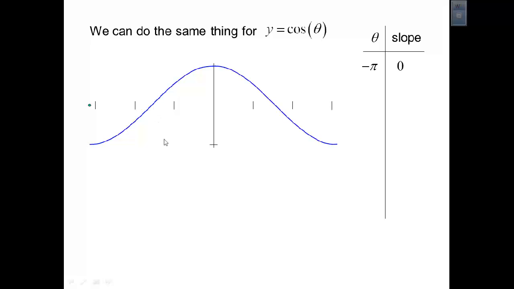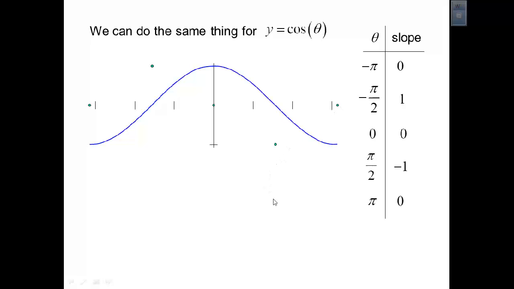And here we've got a slope of 1, so we're going to plot the value 1. And then at 0 we have a slope of 0, so we plot that value at 0. And then at pi over 2, we have a slope of negative 1, so we plot a point down here at negative 1. And then over here at pi, we have a slope of 0 again.